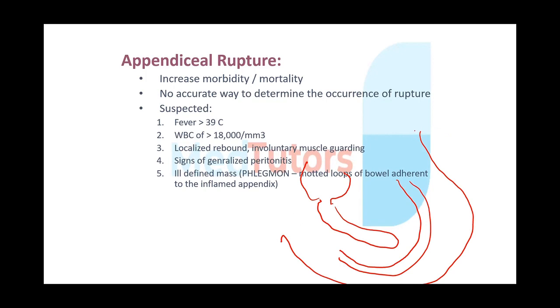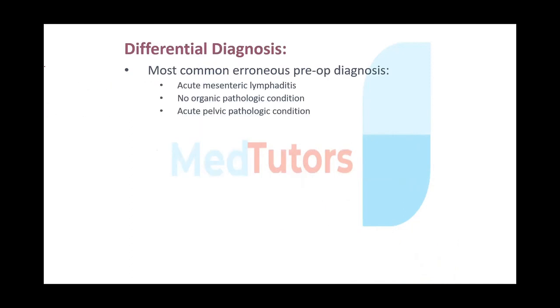The reason it does this is the body's protective mechanism to prevent spread of the infection to other parts of the abdomen. So it is called phlegmon when you have a mass in which the appendix is walled by the ileum and the omentum, and it has some micro abscesses within it. That inflammatory mass is called a phlegmon.